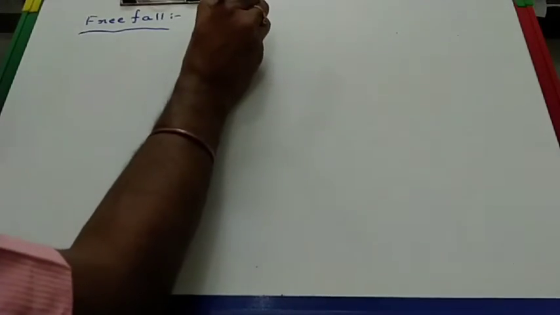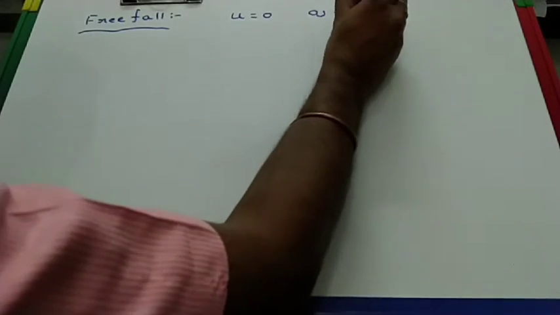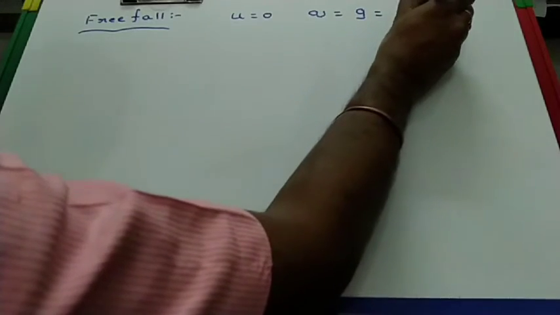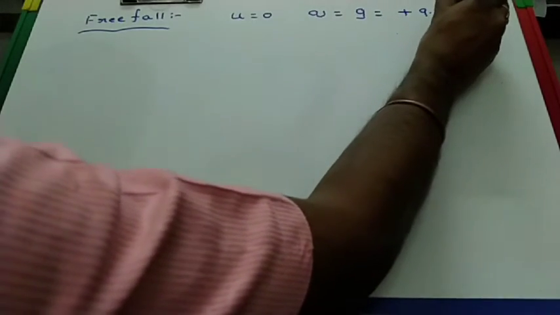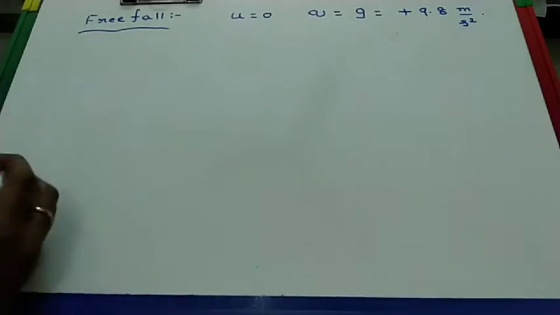Now free fall. u is equal to 0, a is equal to g is equal to plus 9.8 meter per second square.